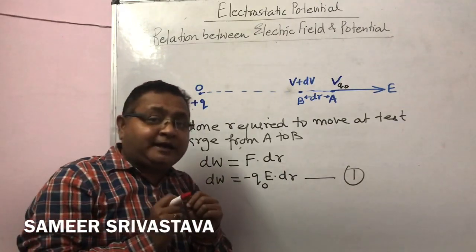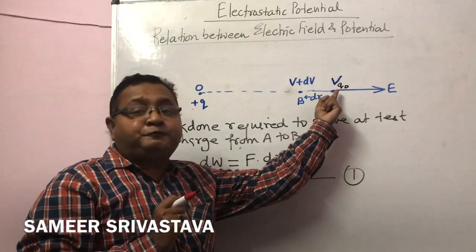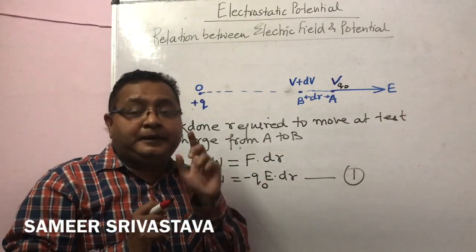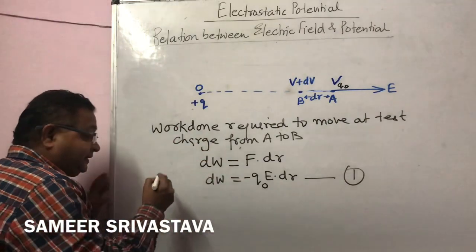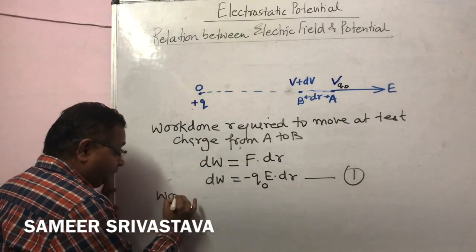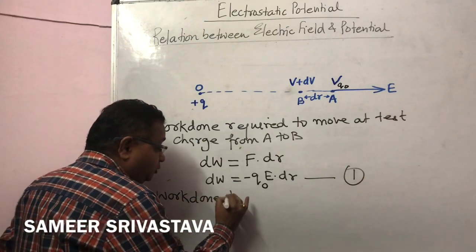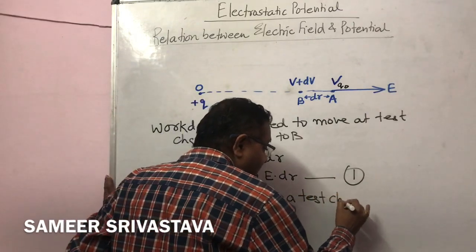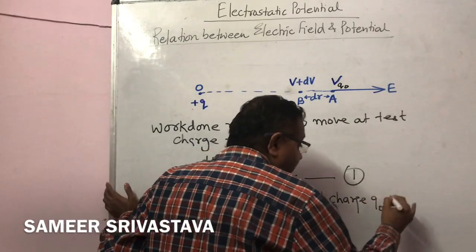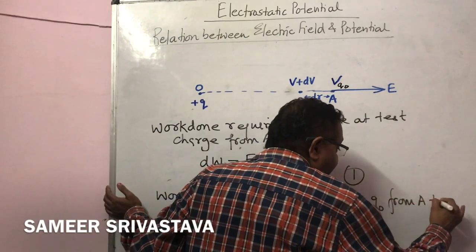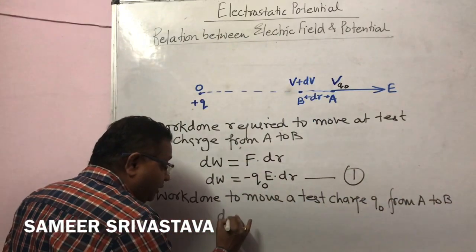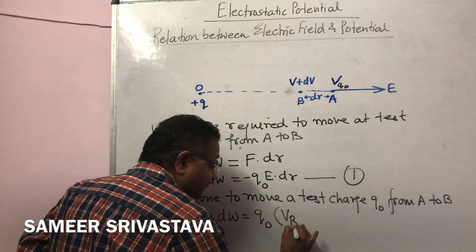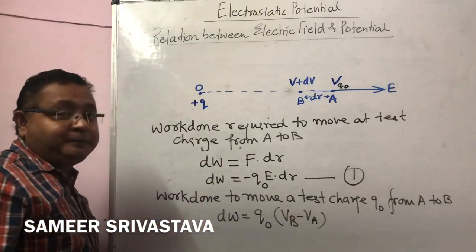Now we also know that if the charge Q naught moves from A to B, we can write the work done as charge multiplied by potential difference. So the work done to move a charge Q naught from A to B is the value of charge multiplied by potential difference, VB minus VA.